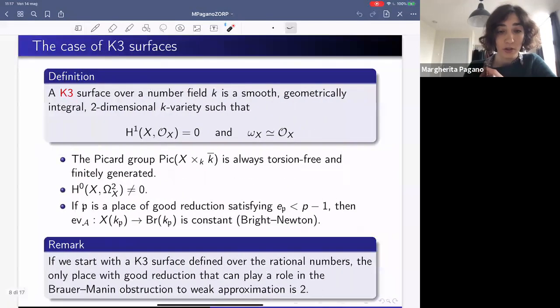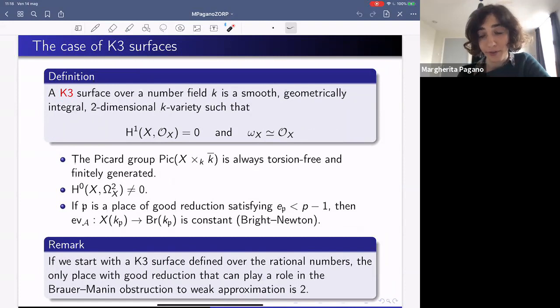So let me just recall what K3 surfaces are. A K3 surface over a number field is a smooth geometrically integral two-dimensional K-variety such that the first cohomology group of O_X is 0 and the canonical bundle is trivial. So let me just state these two facts.